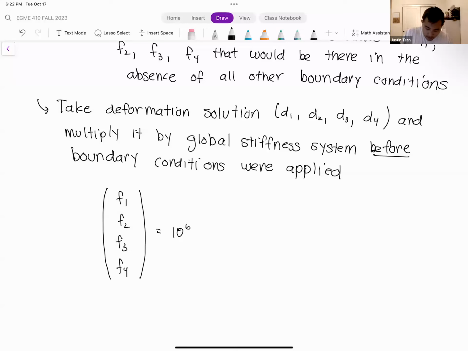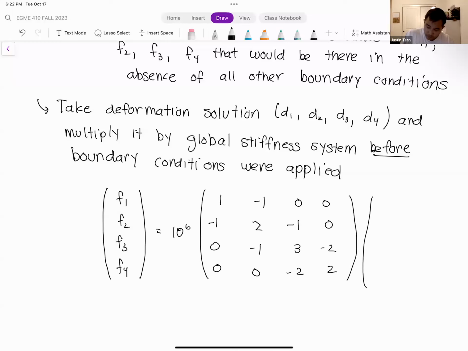This is equal to 10 to the 6 multiplied by the matrix 1, minus 1, 0, 0; minus 1, 2, minus 1, 0; 0, minus 1, 3, minus 2; 0, 0, minus 2, 2. If you scroll back up in your notes, that's exactly the global stiffness system before we applied the fixed supports and the external forcings.